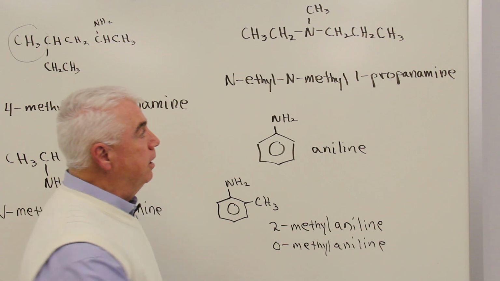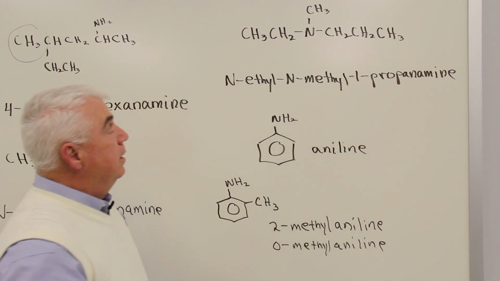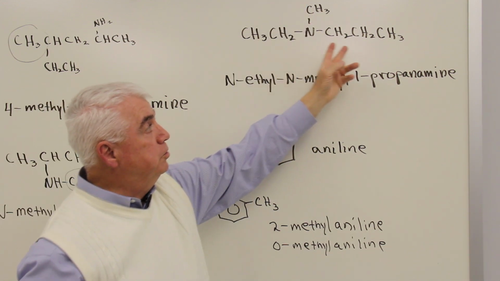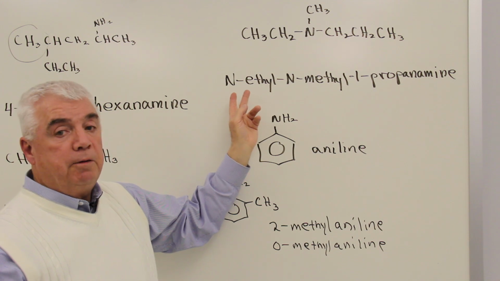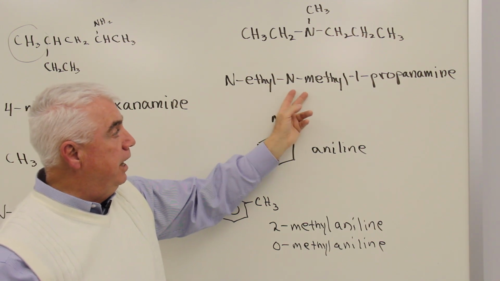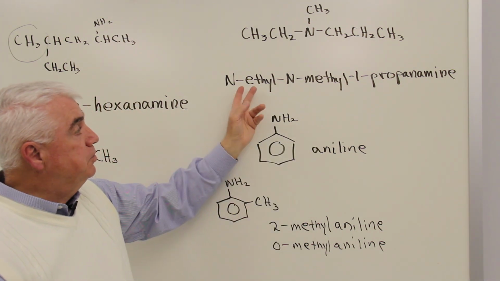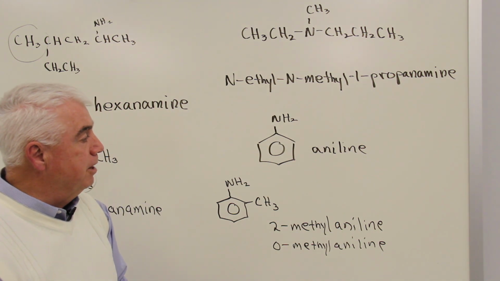I see something I left out, a little hyphen right here. And attached to the nitrogen, I've got a methyl group. I've also got an ethyl group. And we need to locate both of those and name both of those. So it's N-ethyl, N-methyl, 1-propanamine. And in this case, I've arranged the groups alphabetically, ethyl before methyl.